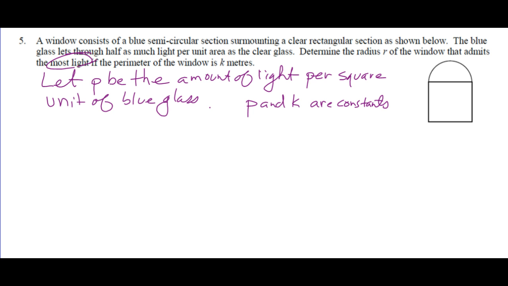So it's the r that we want to change. The light that comes through is going to be p times the area. Little p is the amount of light per square unit of blue glass, and that's a semicircle, so it's 1/2 pi r squared.